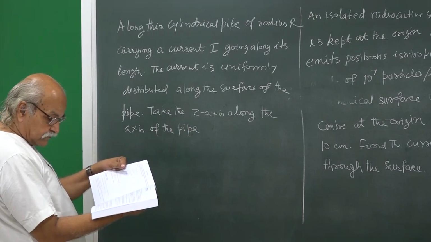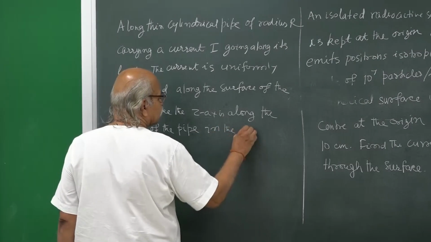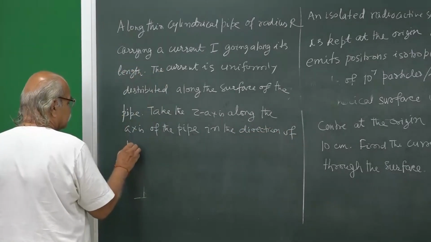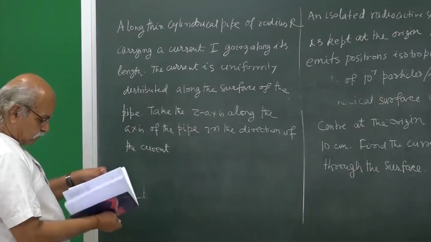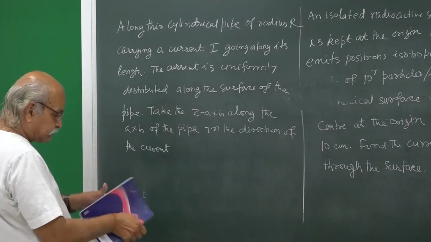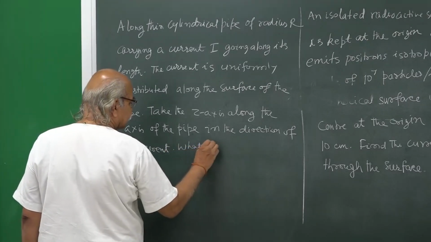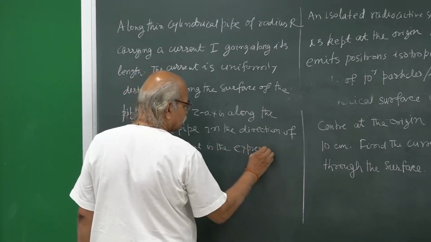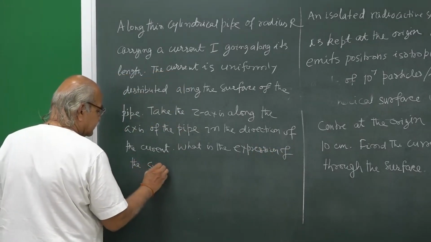What is the expression for the surface current density?